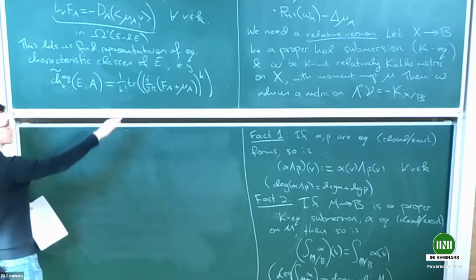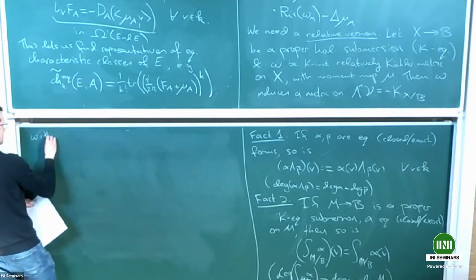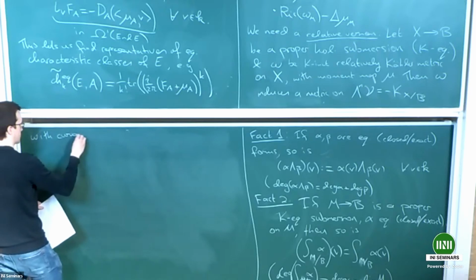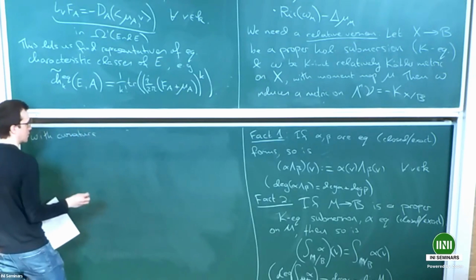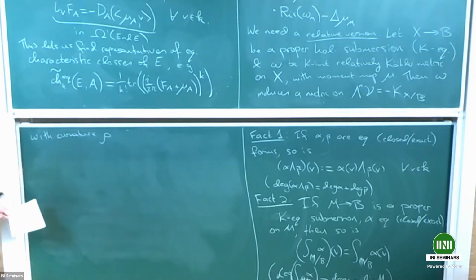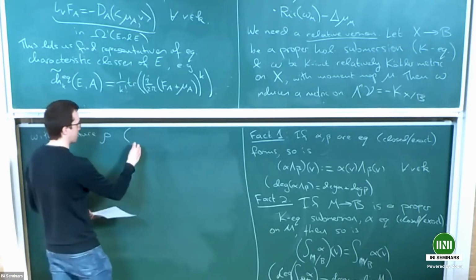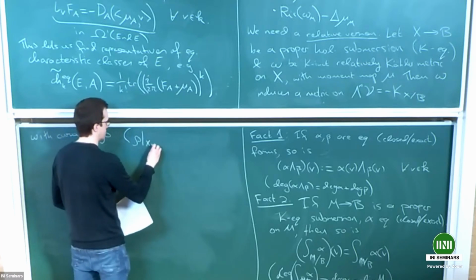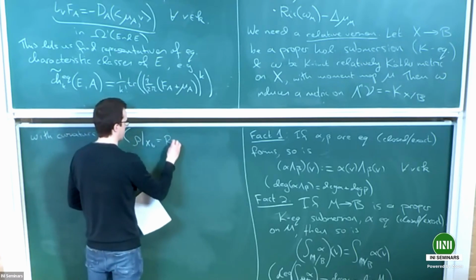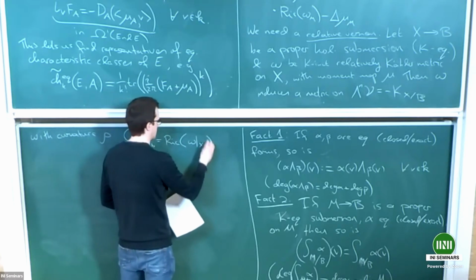And this metric has curvature rho in the first Chern class of that line bundle. So rho you can think of as a relative Ricci curvature. If I restrict rho to any fiber, then I just get the Ricci curvature of omega restricted to that fiber.